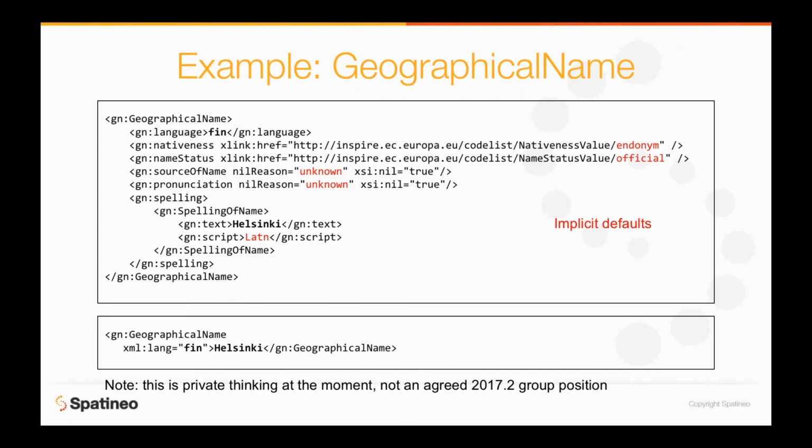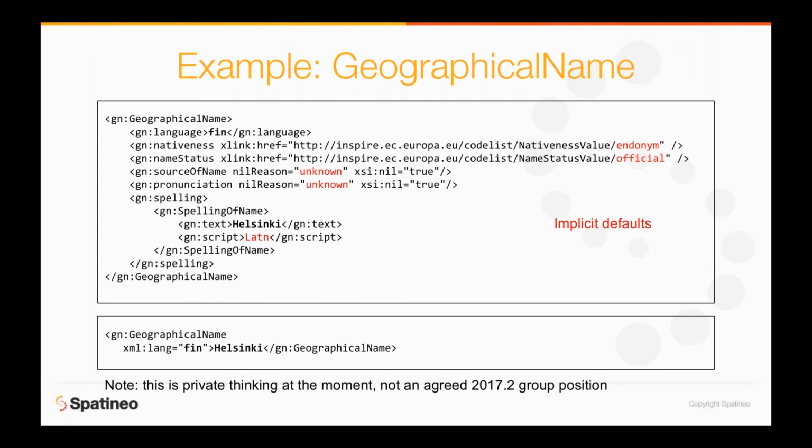And this is an example of extreme simplification, where in your use case you only need the information about the spelling of the geographical name, and you can assume that it's always given in the Latin script, and that you don't have the source of the name information available, you don't have the pronunciation, or that's not relevant to the end users, and similarly the nativeness and the status of the name is not relevant in your case.